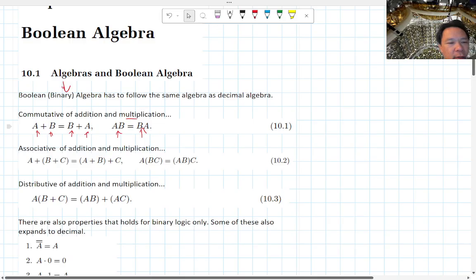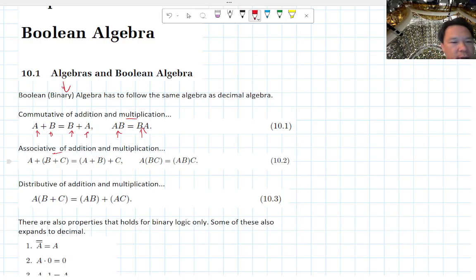It also follows the associative rule. If you do B plus C first and then add A to it, versus adding A plus B together and then adding C, it doesn't matter which order you do it in, right? These are rules followed by addition and multiplication.